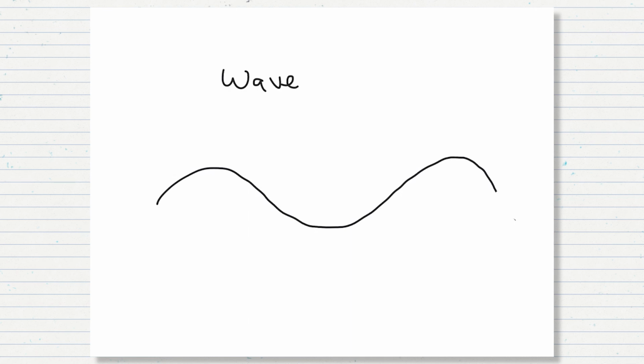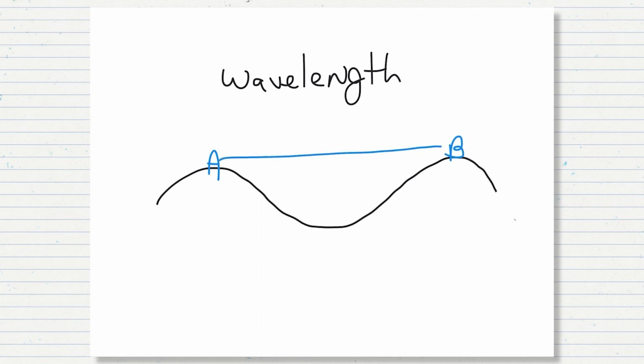A wavelength is a specific way of measuring a wave, and it refers to the completion of one complete cycle. So if this is my start location and this is my end location, you notice how I'm going from a crest to a crest. So that is completing one cycle. That would be one wavelength.